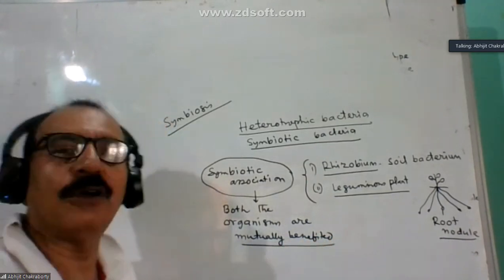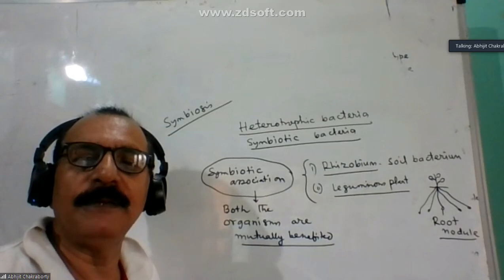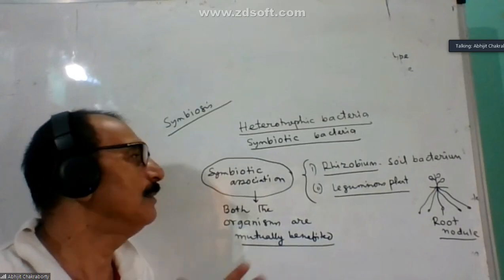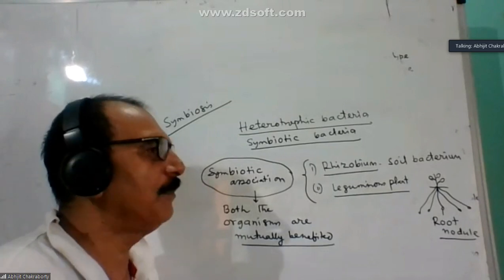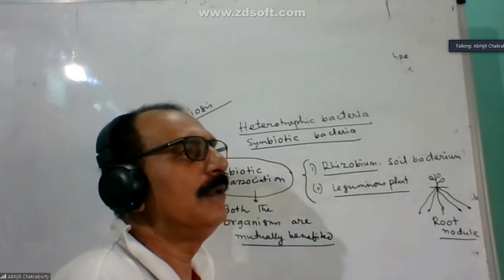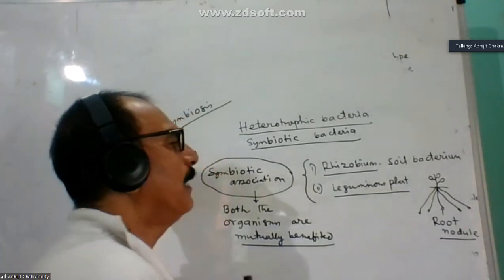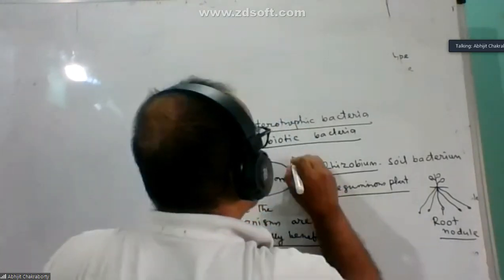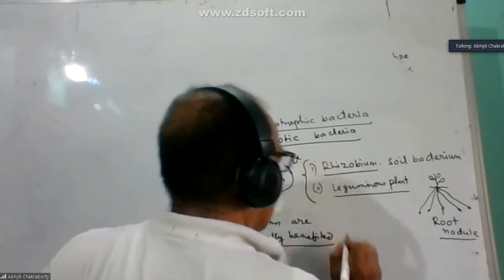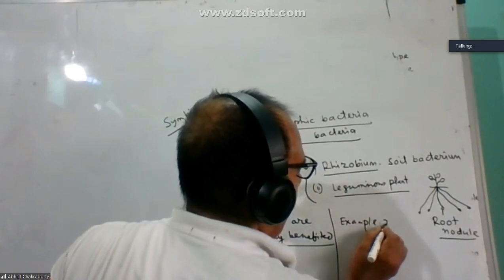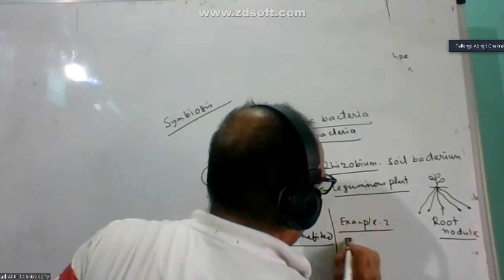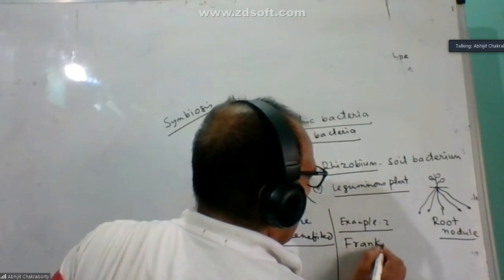In this case, when both the organisms are mutually benefited, then you can use the term symbiosis. For example, I am giving another example here. You will get another bacterium called Frankia. Example 1, example 2. Frankia, another bacterium.